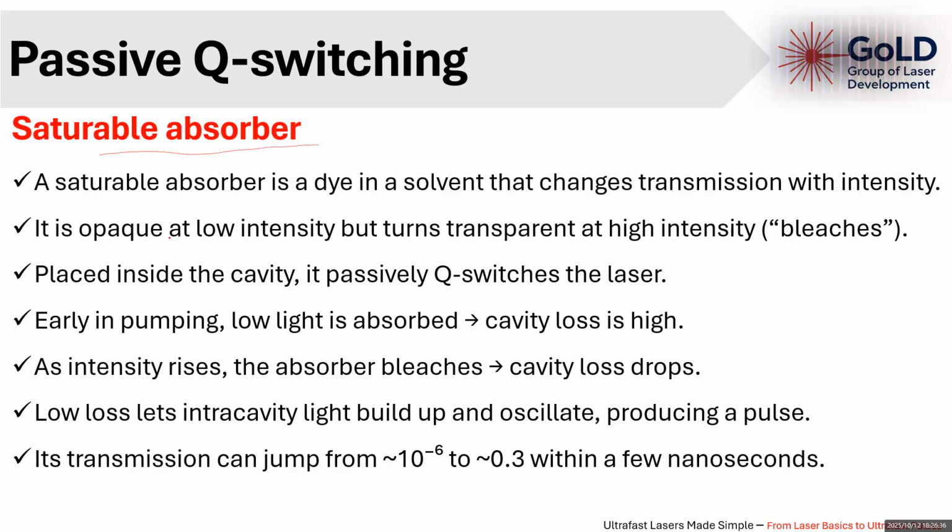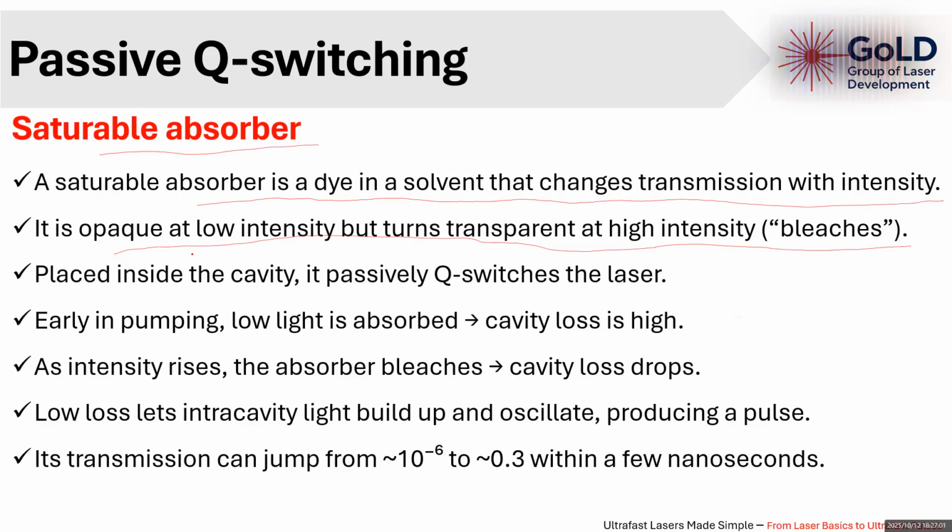So it is a dye in a solvent that changes transmission with the intensity. It blocks high intensity and lets low intensity through, or vice versa. It depends. And here it is opaque at low intensity, but turns transparent at high intensity.